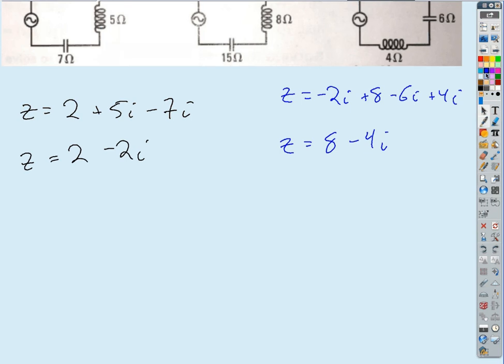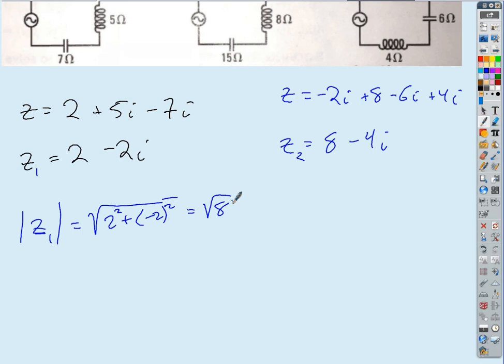So if I wanted to come up with the modulus of this complex number, we'll call this one Z1 and we'll call this one Z2. The modulus of Z1 is just the square root of what squared plus what squared? 2 squared plus negative 2 squared, so 4 plus 4, just the square root of 8, right?